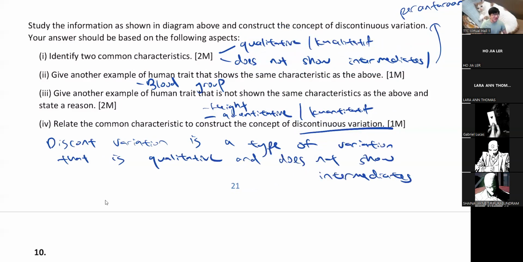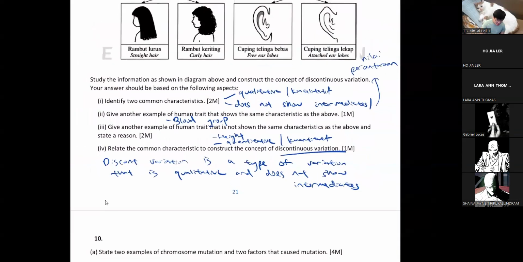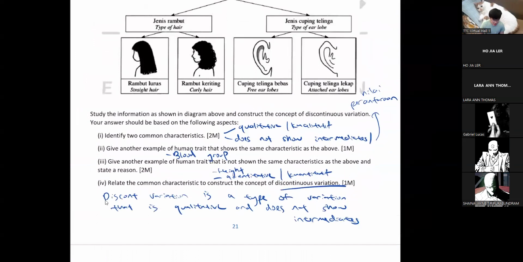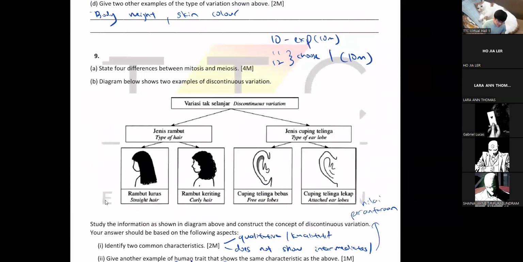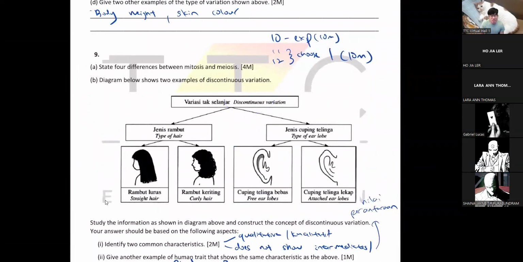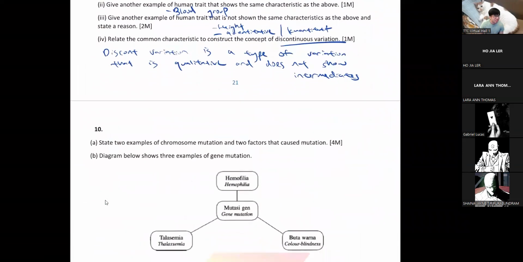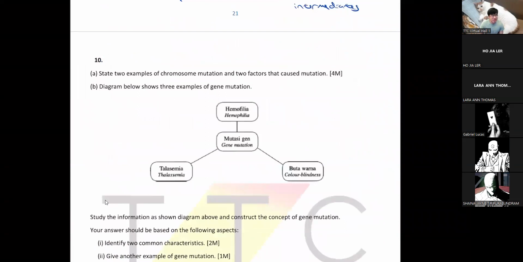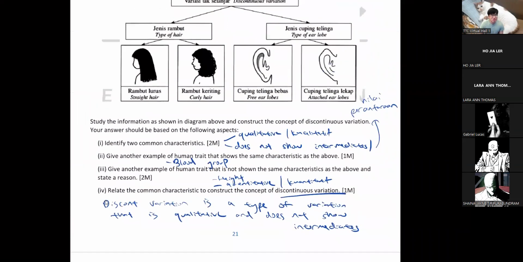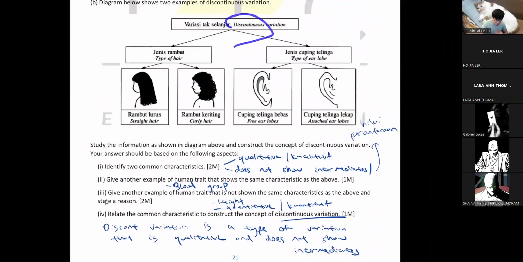I don't see how this is an essay question. You just answer point by point. Usually questions like these, they will ask you based on 2 things. In this case, they ask you discontinuous and continuous. It could be meiosis and mitosis. It could be mutation, I'll talk about this later. They will ask based on things that have two pieces of information.